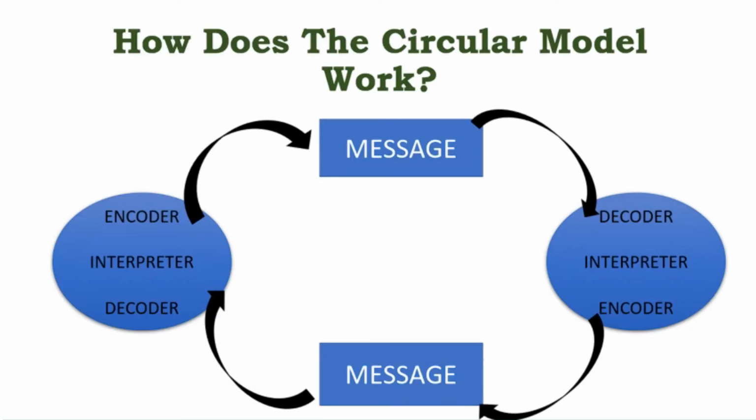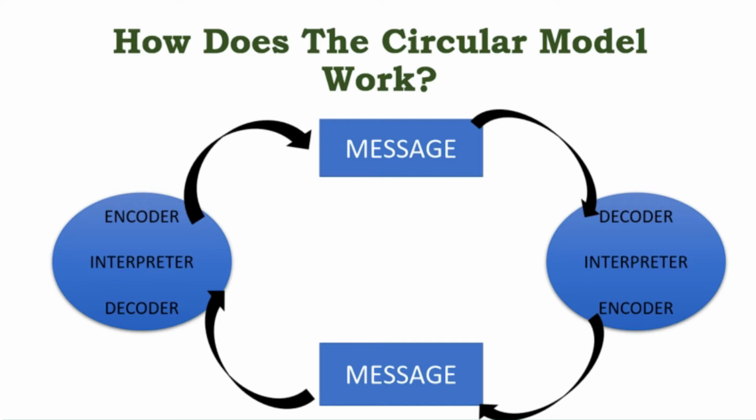According to Schramm's communication model, communication is circular and the sender and recipient of the message can be the same person. A message is encoded and passed on to the same person or to a different person.